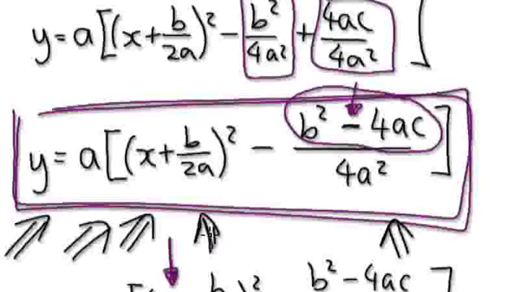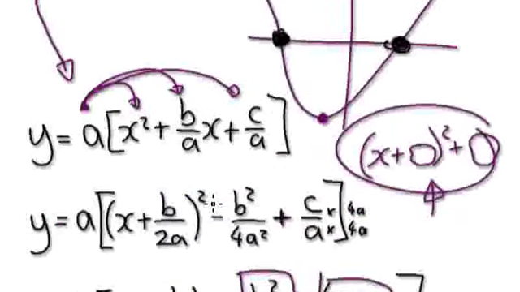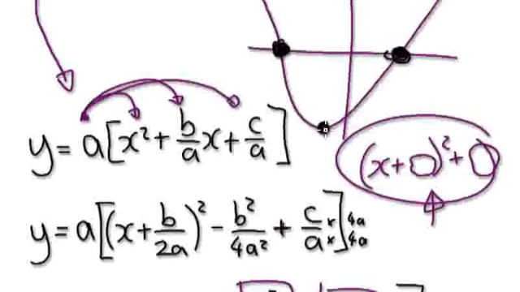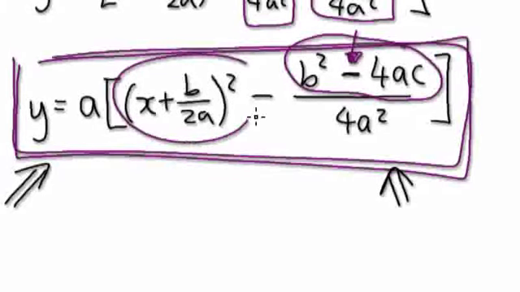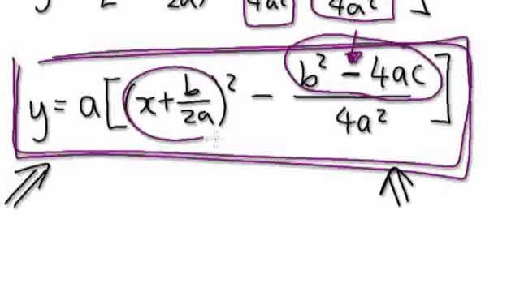Once you're at this point, if you want to know this point here, ask yourself, when you get to this key stage, what is the lowest possible value that y could be? The lowest possible value that y could be is when you make this thing here 0. Concentrate on getting this thing 0, and then the square of the 0 will be 0.